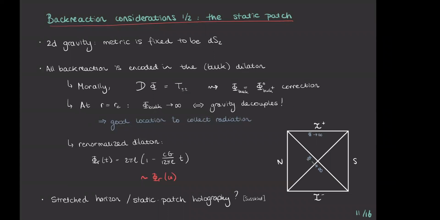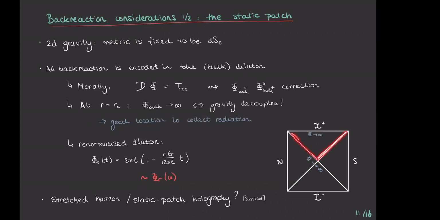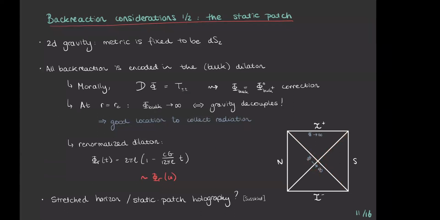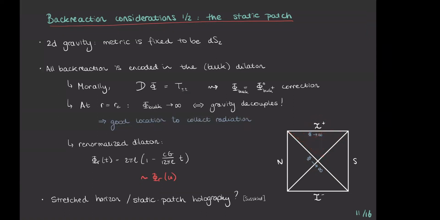Right, so the dilaton diverges at this horizon, but in any case, you have to look at different patches. For the future infinity computation, we're only interested in this patch, and for the static computation, only in this patch. So that's okay.